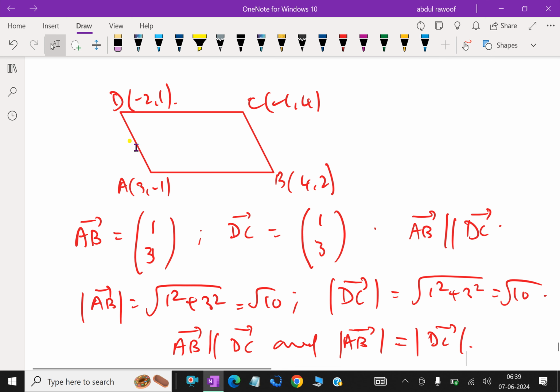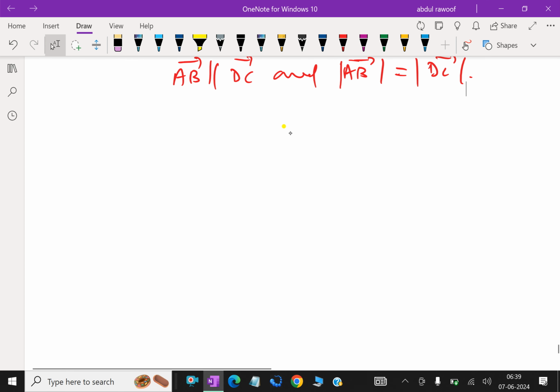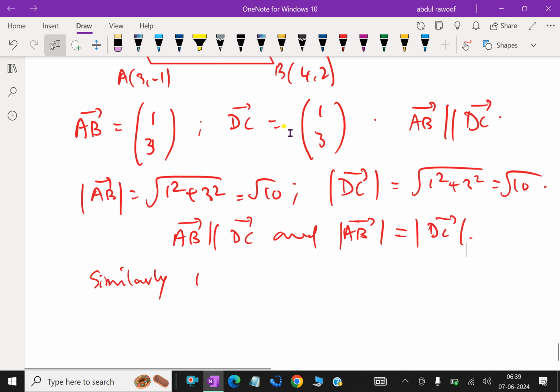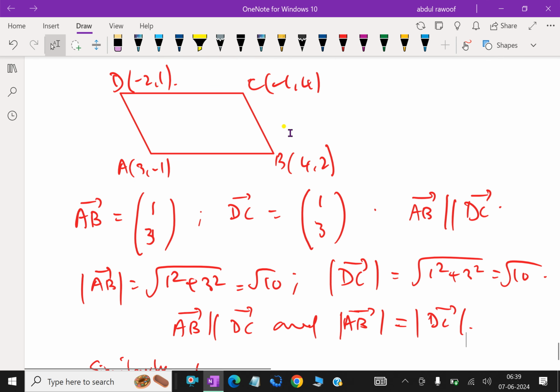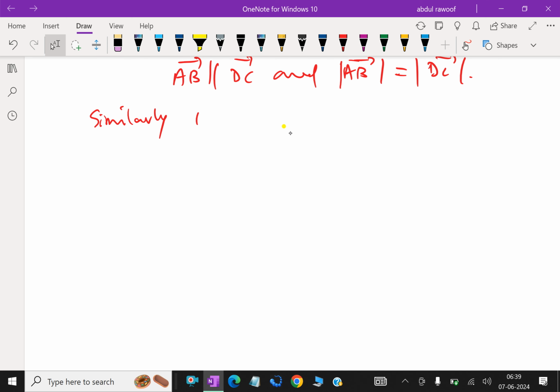Similarly, you can prove the opposite sides, vector AD equal to vector BC.